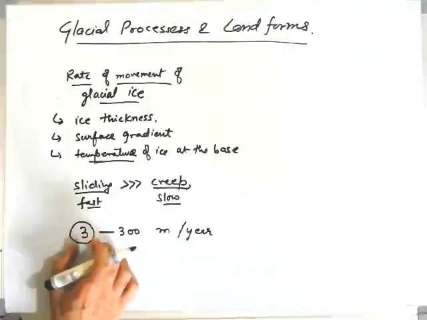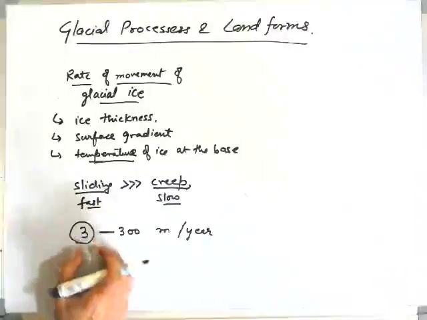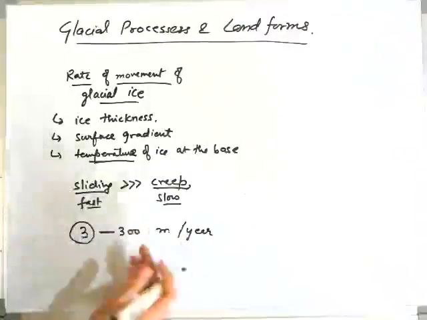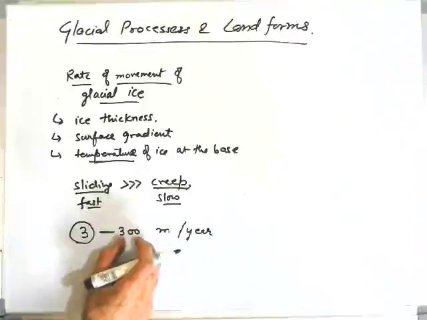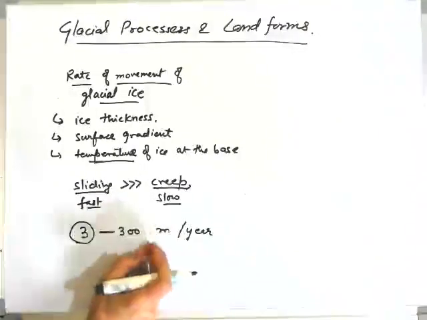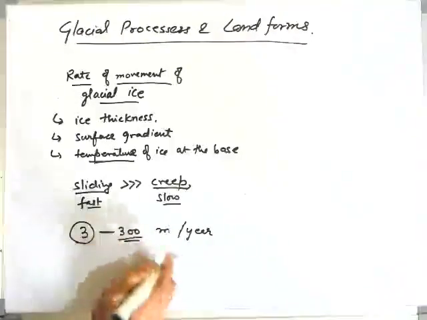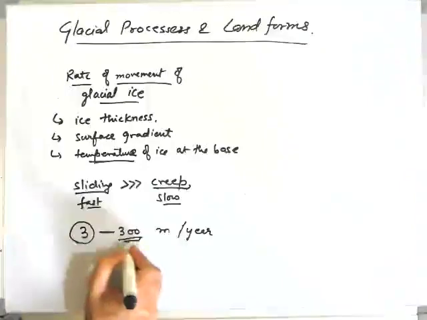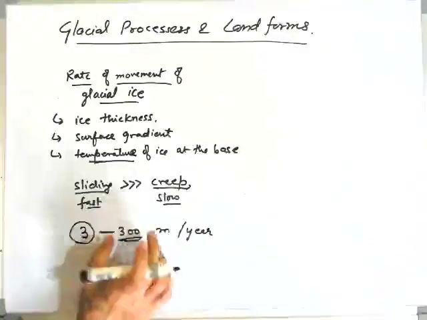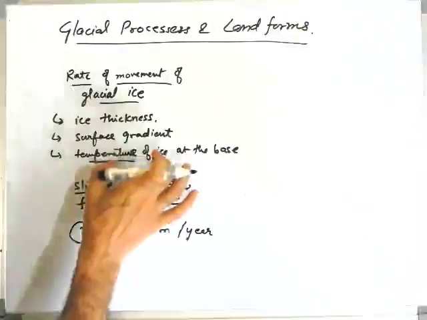So they will have very low velocities, low deformation rates of close to 3 meters per year, or even lower, or somewhat higher. But where sliding takes place, it can be up to 300 meters per year. It means within 2 or 3 years, the glacier ice could have moved about 1 kilometer. So this is a very important process, the sliding. And sliding depends on the temperature.